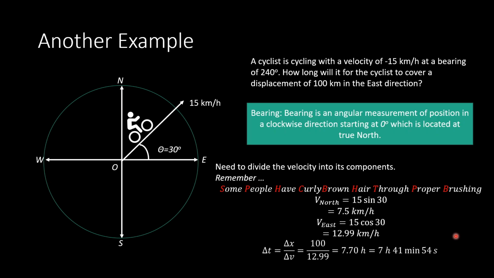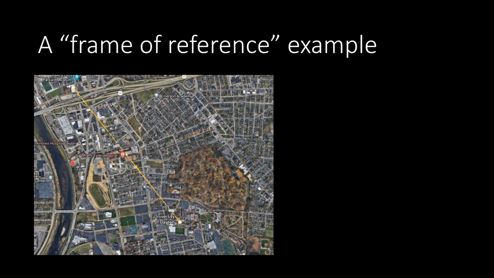If you recall, I've used this picture that you see to help you understand the concept of frame of reference, where I was trying to find what my displacement is from University of Dayton to CJ. I drew this axis and talked about how I can measure my position or displacement from this origin point to University of Dayton, and then to CJ.